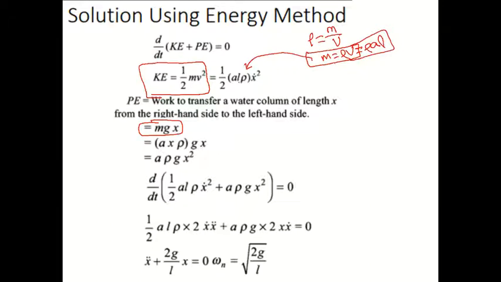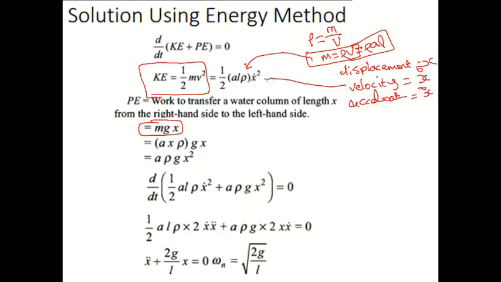Now for velocity, as I told in the previous case, displacement equals x. If you differentiate x one time, you will get velocity. If you differentiate velocity again, you will get acceleration. So instead of v square, they have written x dot square. This is how it came.